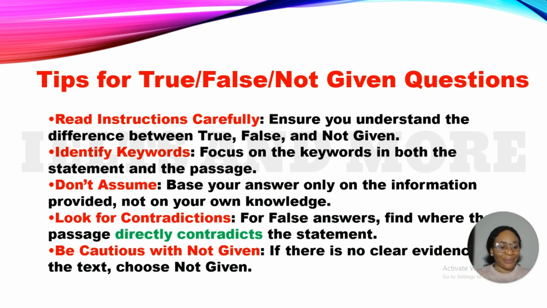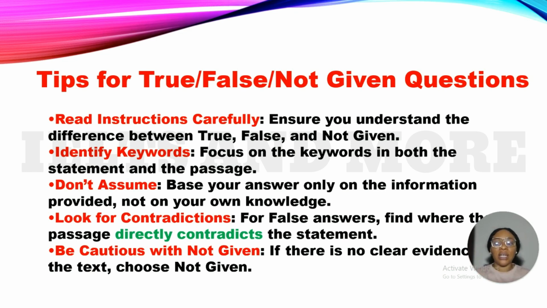If there is no clear evidence, the evidence must be clear. Okay, when I have my classes, my clients are always required to show me what I call evidence. What's the evidence for picking true? You have to tell me that, okay, in paragraph 2, line 3, it says this, which is exactly the same thing as the statement in the question, which is why I picked true. If you can't find such evidence for true and false, it's not given.